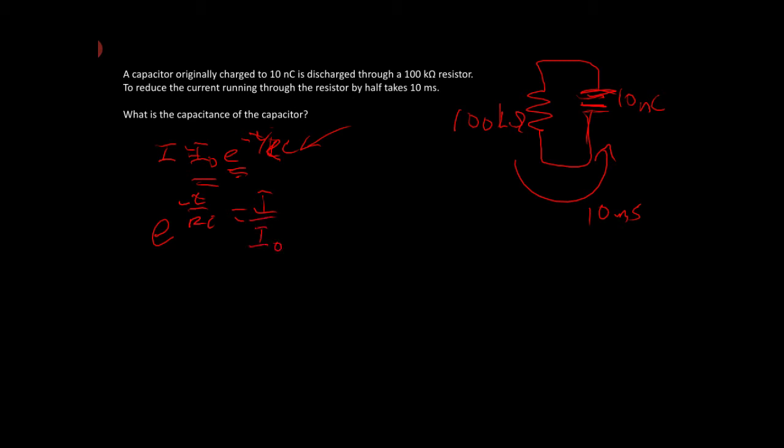Now that's fine. That's good. Why is it good? Well, we know most of these things, right? So e to the minus t, t is 10 milliseconds, 10 times 10 to the minus 3 seconds.